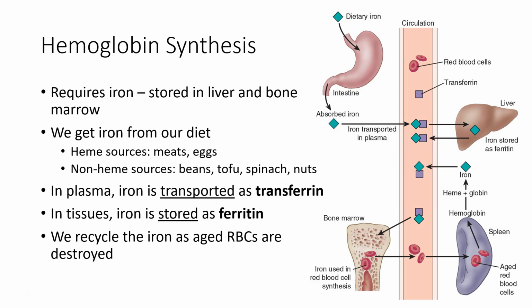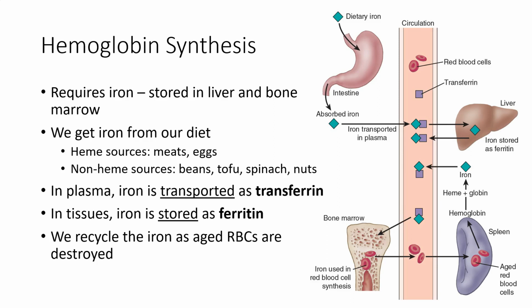The rate at which hemoglobin is synthesized depends on the availability of iron for heme synthesis. The amount of iron in the body can range from 2 grams up to 6 grams. And body iron is found in several compartments.